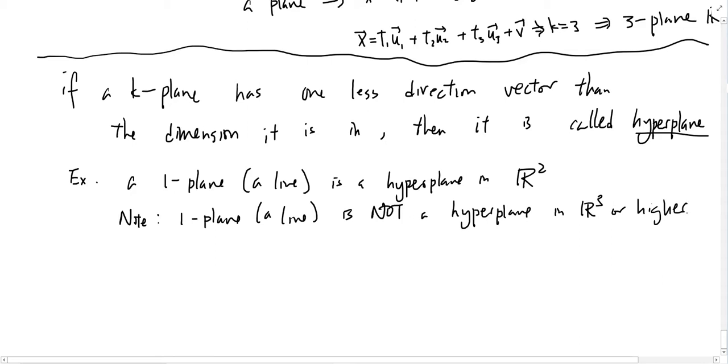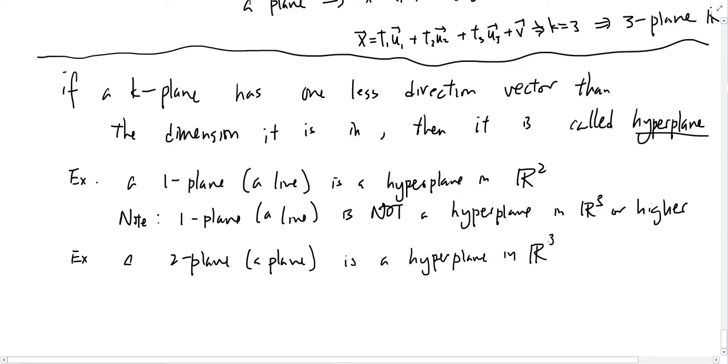Only in R2 would a one-plane be considered a hyperplane. Now, using the same exact concept, you can see that a two-plane, which is what we usually refer to as a regular plane, is a hyperplane in R3. Similarly, a two-plane is not a hyperplane in R4 or higher.